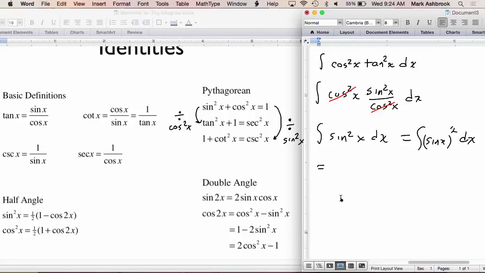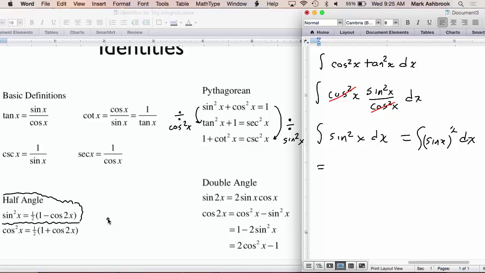Do we have an identity then? Down here, okay? So this is maybe the most important thing to learn from this section on trig integrals. For the integral of sine squared, you use the half angle formula.